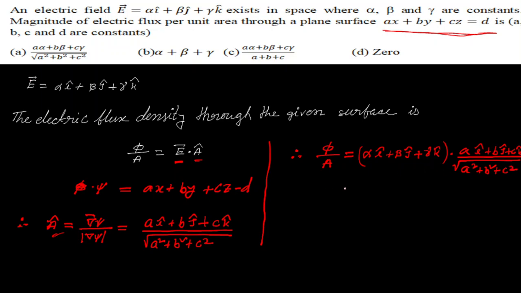When you take the dot product, i with i gives 1, j with j gives 1, and k cap with k cap gives 1.